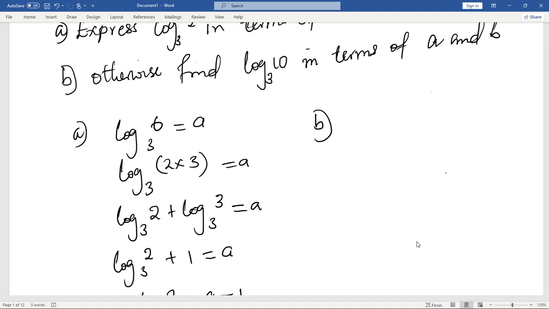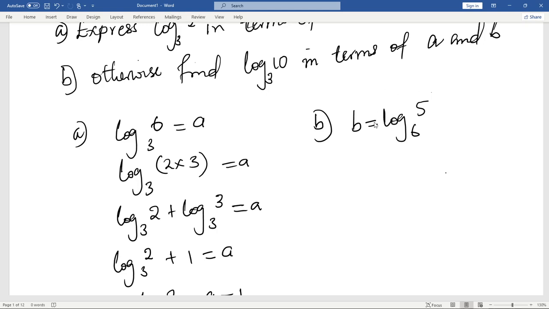What's going to happen is that we know that b is simply equal to log to the base 6 of 5. In this case, we're going to do a change of base. We try to take it to base 3.